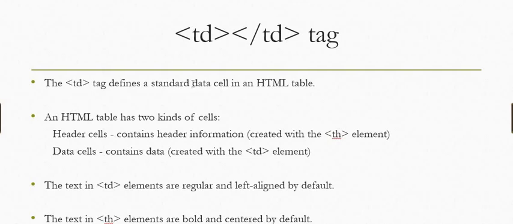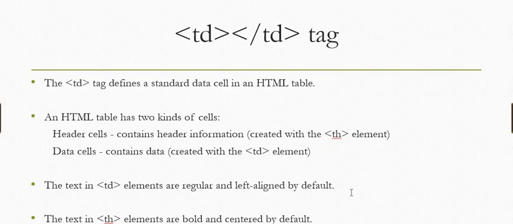This also defines a standard data cell, as we'll reference momentarily, within an HTML table. These can either be header cells, which contain header information, as mentioned with the table header element or tag, or possibly data cells, where they just contain information, which you use the regular table column tag.